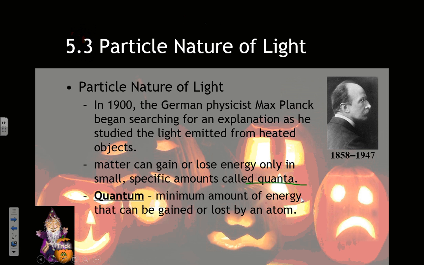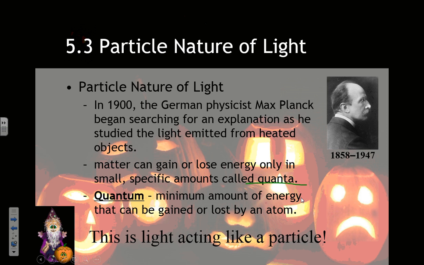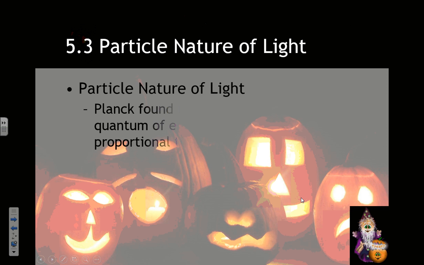So it can only absorb specific energies, the piece of matter itself, and when the matter glowed, it would emit at specific energies as well. And what he found out was that this was light acting like a particle.